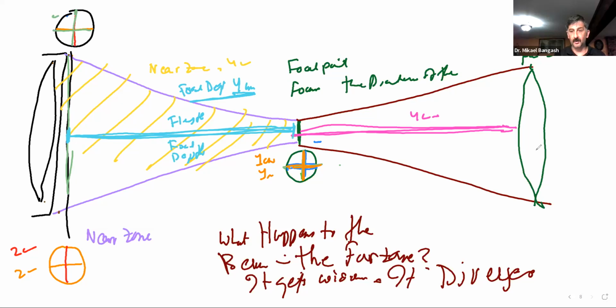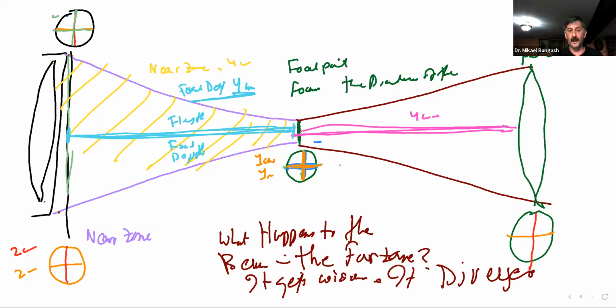Clear? And we were going to say, what is going to be the diameter of our beam at this point here? How wide is it going to be? How tall is it going to be?